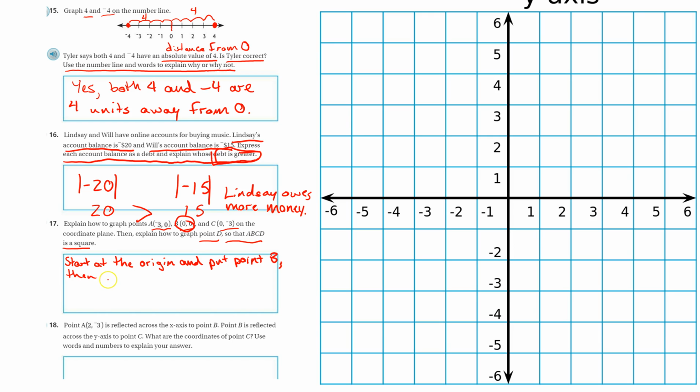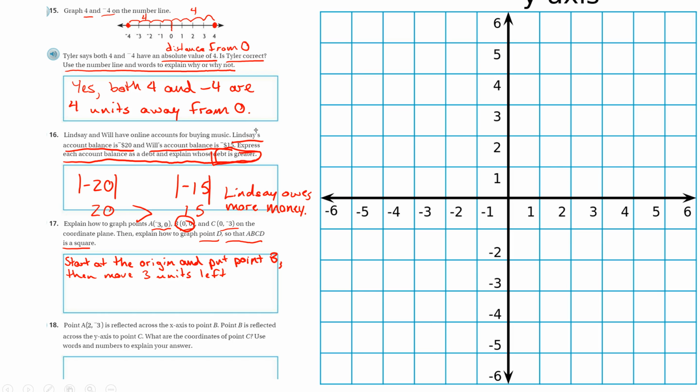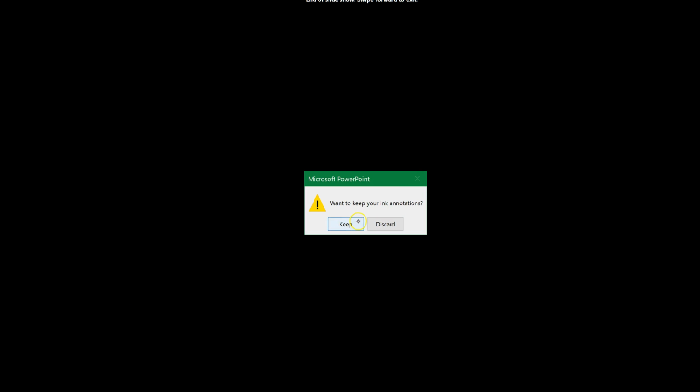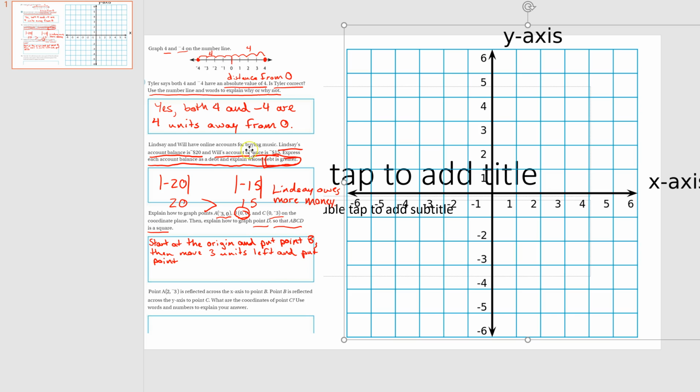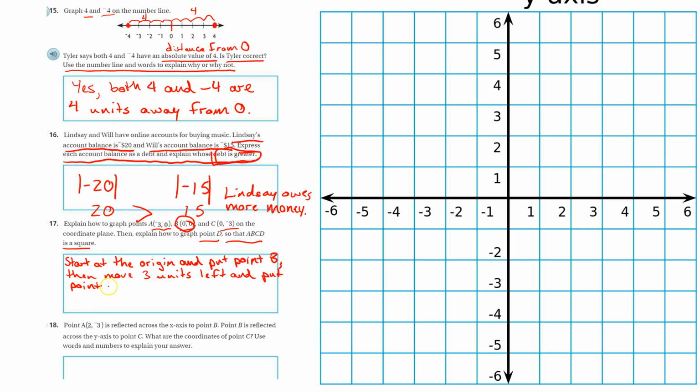Then move 3 units left and put point A. Because see, it is X, Y, so if we are at 0, 0, the origin where B is, and we move 3 to the left, we're going to be at point A. Okay.